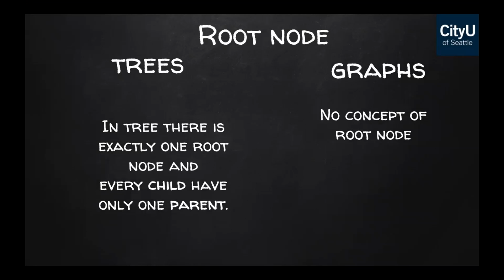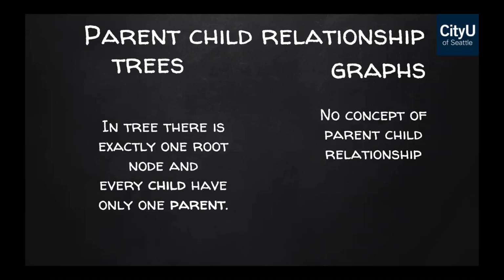Also, graphs don't have a concept of root node, while trees have a concept of root node, and every child has only one parent. Parent-child relationship. Again, graphs don't have a parent-child relationship. In trees, there's exactly one root node, and every child has only one parent.